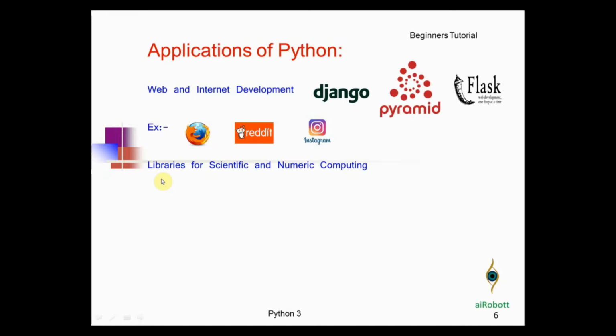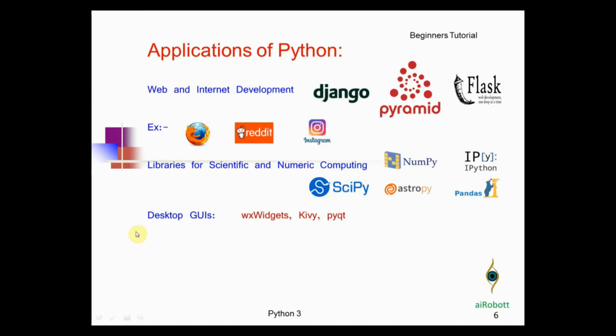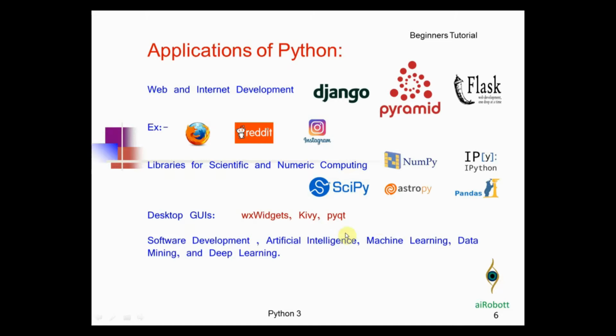Python has huge standard libraries. Those libraries are used in scientific and numeric computing, with SciPy, IPython, NumPy, AstroPy, pandas, etc. Desktop GUI is also done in Python with wxWidgets, Kivy, PyQt.